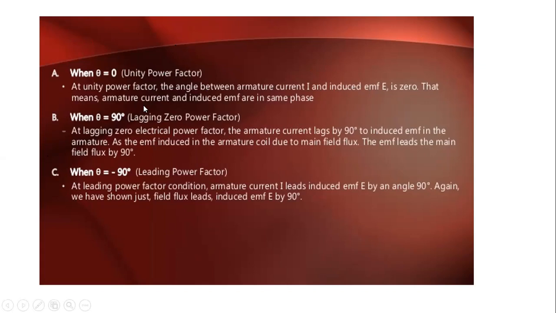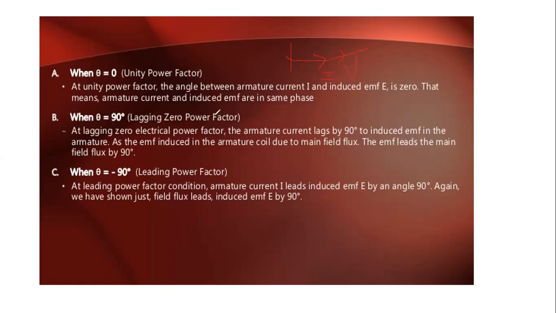The armature current and induced EMF are in the same phase. In this case, the voltage and the current are in the same phase. This is the vector diagram of the unity power factor.